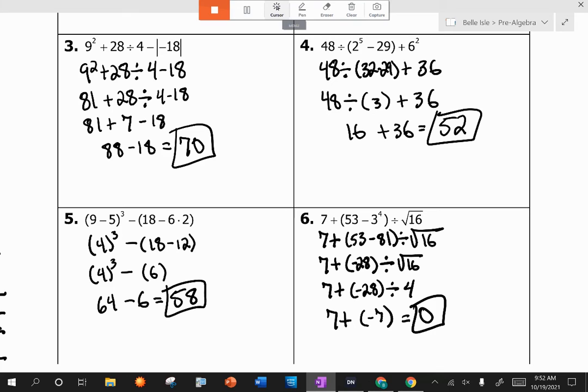I would like for you to do number 7, number 8, number 9, 11, and 14. Okay. So again, you're going to do number 7, number 8, number 9, 11, and 14.